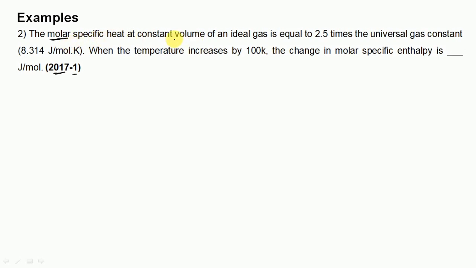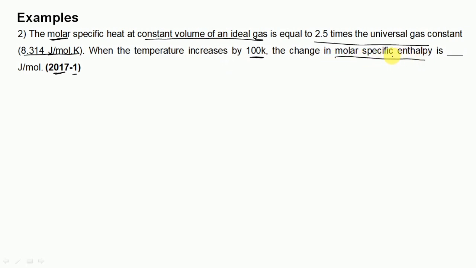The specific heat at constant volume of an ideal gas is 2.5 times the universal gas constant, and the universal gas constant value is 8.314 joule per mole Kelvin. When the temperature is increased by 100 Kelvin, the change in temperature is 100 Kelvin. You need to find the molar specific enthalpy.